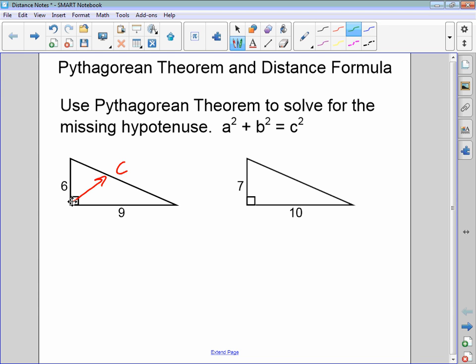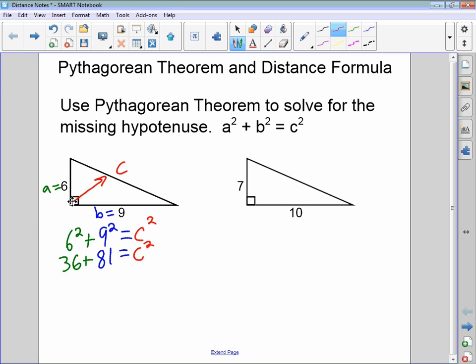The other two will be A and B. We will now use our A squared plus B squared to solve for C. A is 6 squared plus B, which is 9 squared, and all equals C squared. 6 squared is 36. 9 squared is 81. Together they still equal C squared.